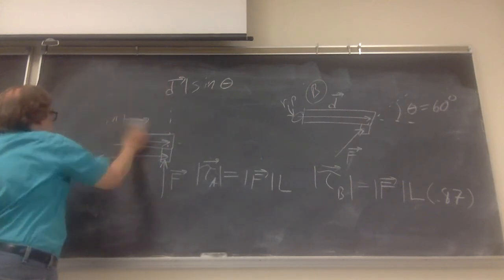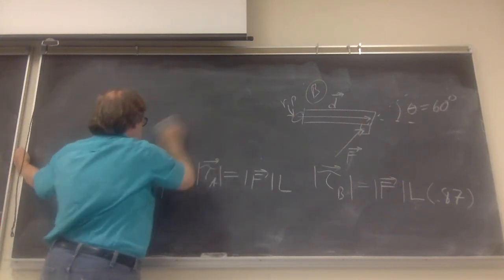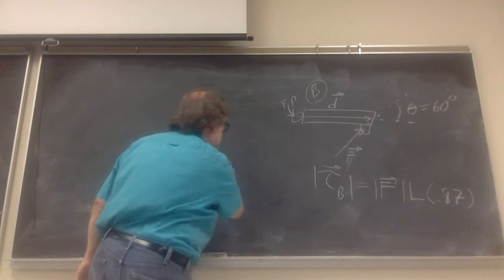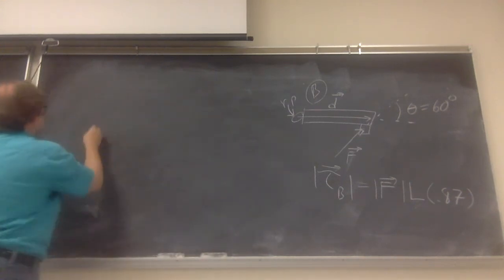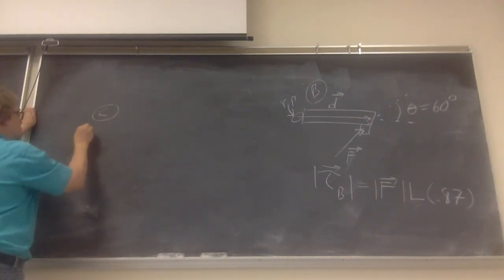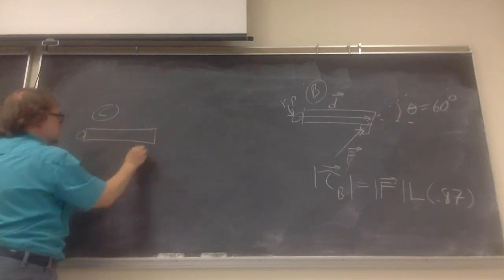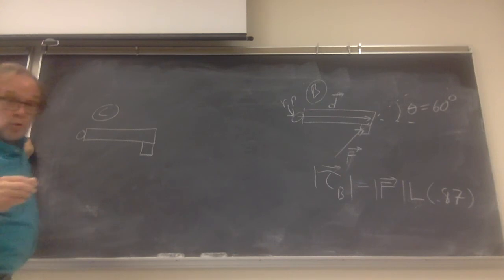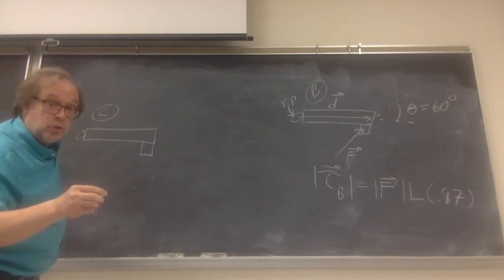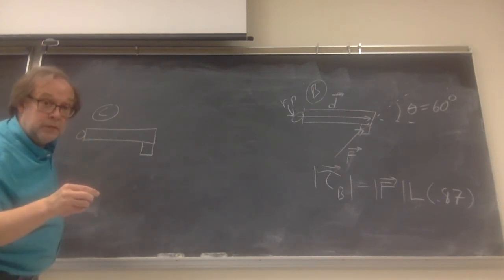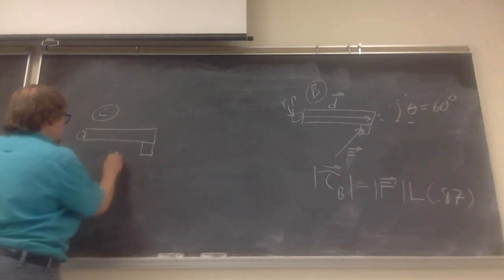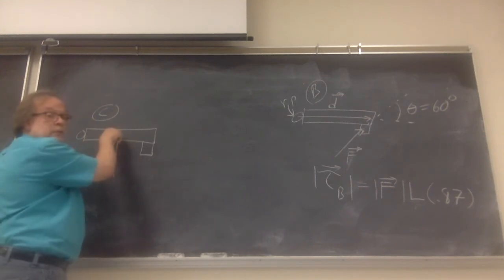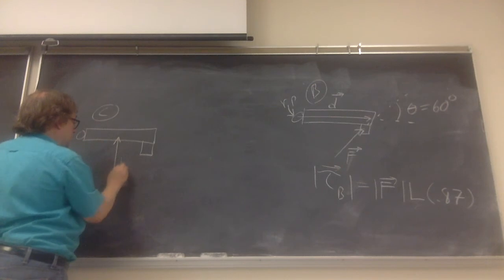And then, here's one more example. Call it case C. Same door, same width, same doorknob, same force. Again, I'll go back to the force pointing perpendicular to the door, but now I'll push right in the middle of the door. So right here in the middle of the door is the point where the force is applied.